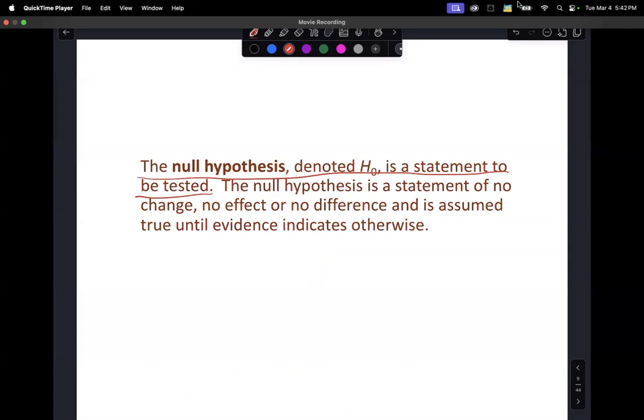This would be somebody else's study that they did that says that, I don't even know, I can't even make up my own thing right now, that 64% of households have a dog in them. If there was a previous study that said that, then that's what I'm banking on until I can show different. This is the statement we're trying to prove wrong.